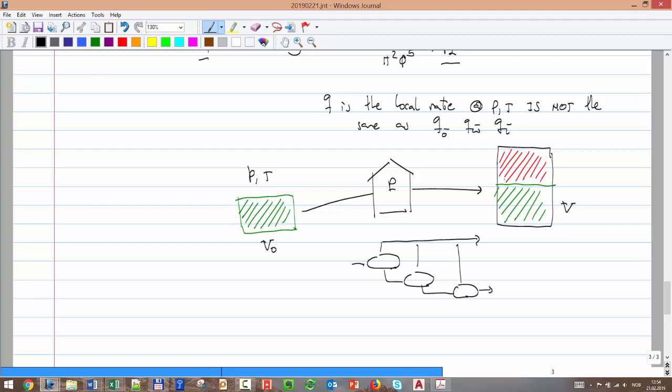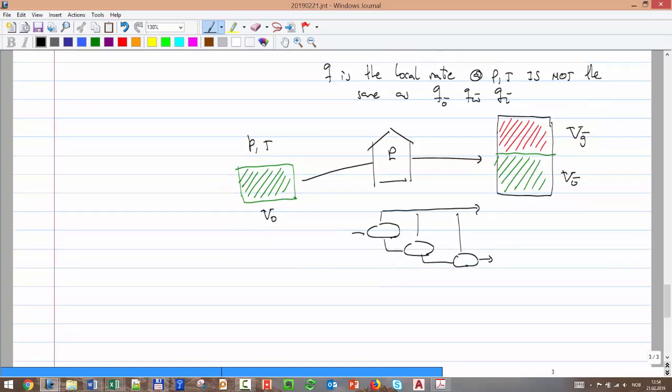And here I have V of oil at standard conditions, and the V of gas at standard conditions. Okay, so petroleum engineers create this factor called Bo, that is simply the volume of oil at local conditions, P and T, divided by V of oil at standard conditions.